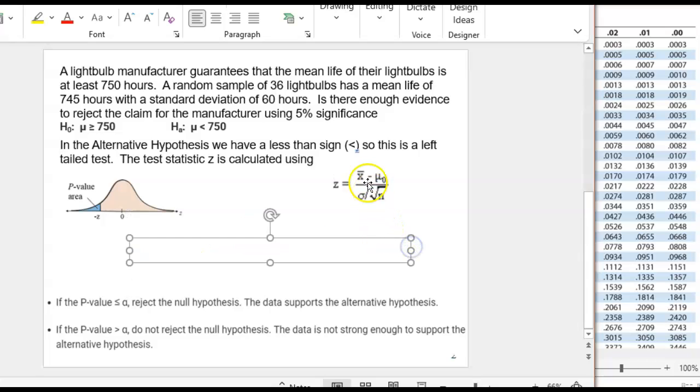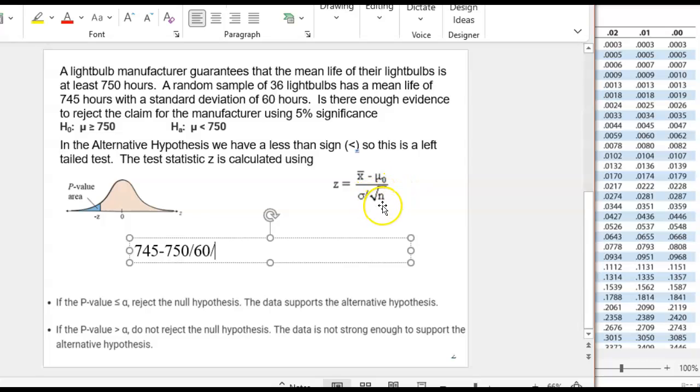So we have our sample mean, which in this case is 745 hours. And we are going to subtract from that the claimed mean, the population mean, which is 750. And we're going to divide all of that by the standard deviation, which is 60, divided by the square root of n.